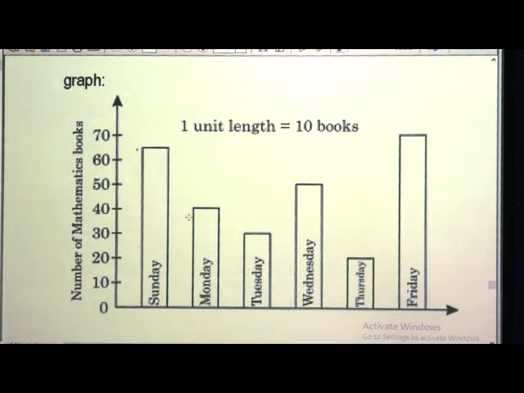Then on Monday how many books were sold? 40. On Tuesday 30. On Wednesday 50. On Thursday 20 and Friday 70. So, we have drawn the bar graph showing the number of mathematics books sold on 6 consecutive days from Sunday to Friday.